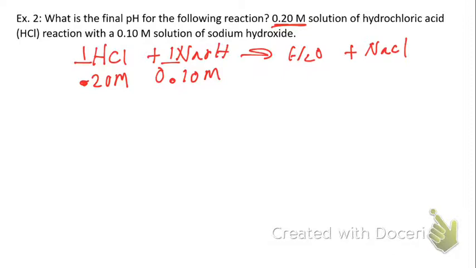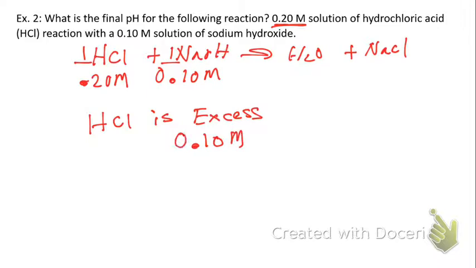The sodium hydroxide is 0.10 molar, and all of that will be reacted with only 0.10 molar of the HCl. So that means that HCl is going to be in excess by 0.1 molar. Okay, it's going to have an excess concentration.